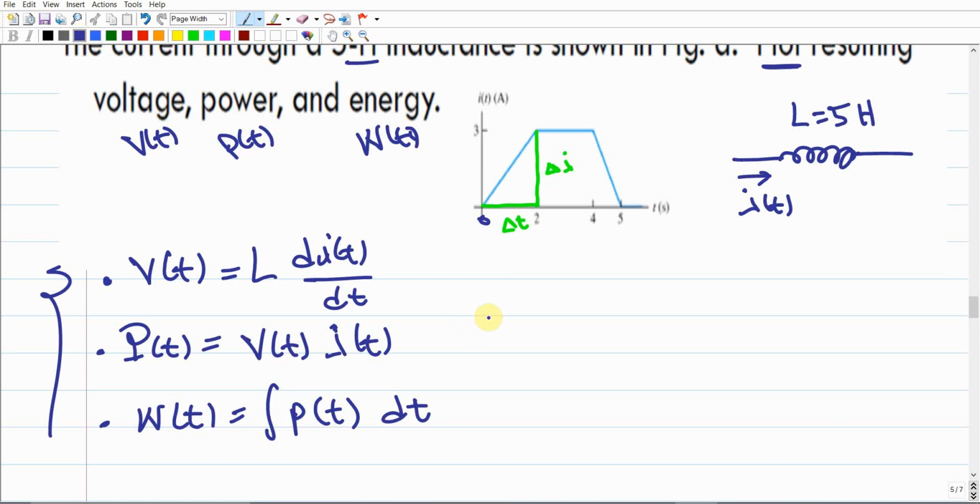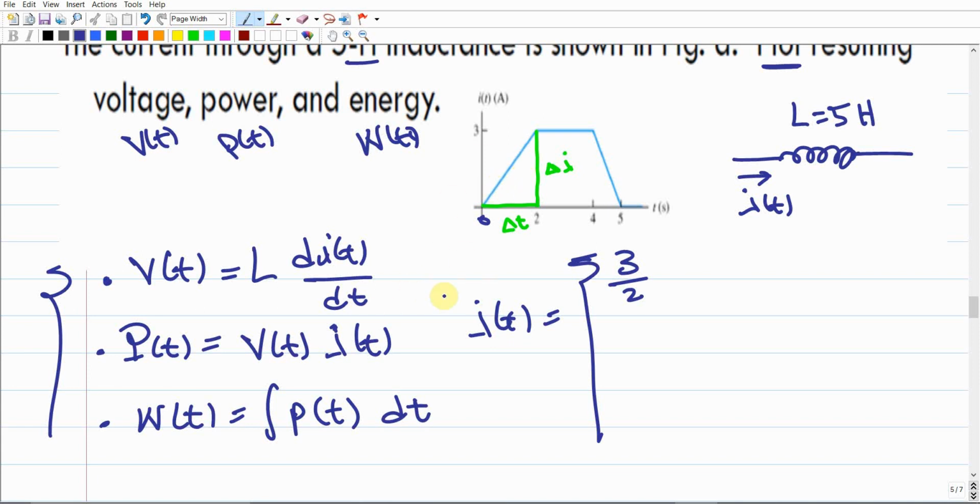So if I ask you to write the equation I of T from the discrete equation or function of this graph, within this first time period, we have a slope of 3 over 2, right? Because delta I is 3, delta T is 2, so the slope is 3 over 2. And this slope should be positive because the line moves between the first and the third quadrant.